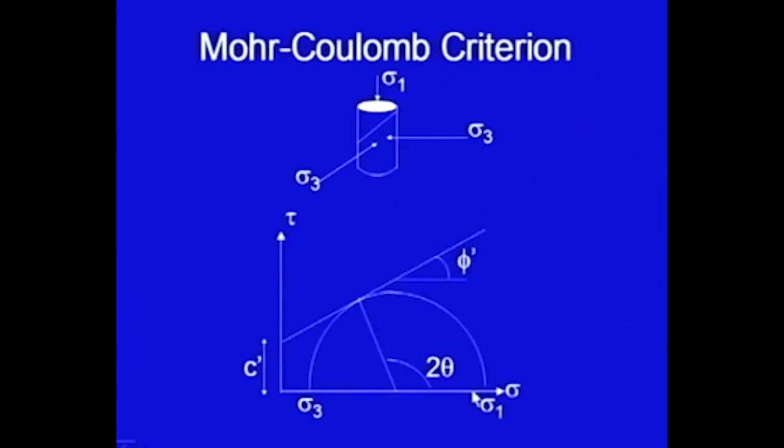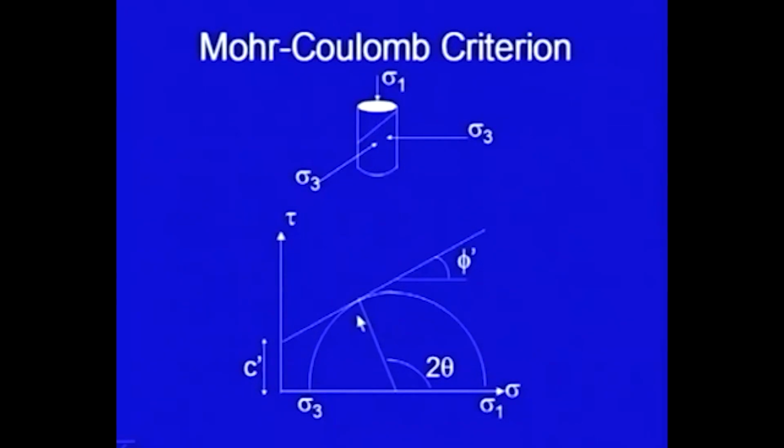From this point, if I move anti-clockwise by angle 2 theta, I will be reaching this particular point, and this point represents the stress state for this plane which is inclined at an angle theta with the plane on which sigma 1 is acting.